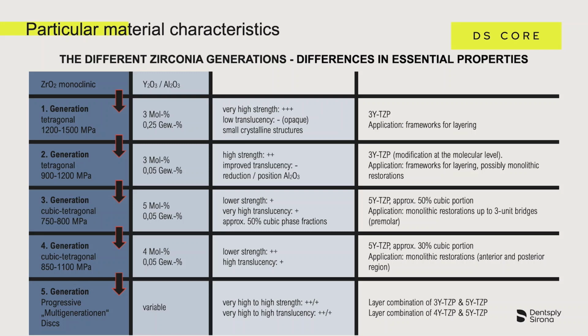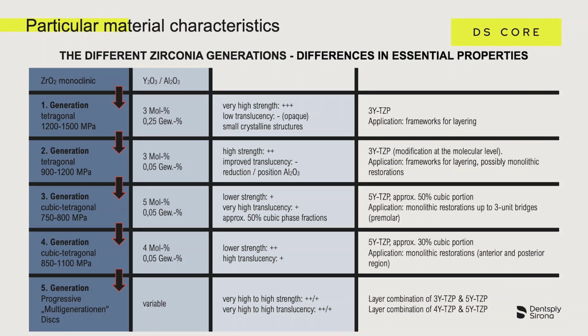Progressive multi-generation materials are now used in the laboratory. In these materials, the different layers with different properties are combined with each other and are suitable for large span work for this reason.